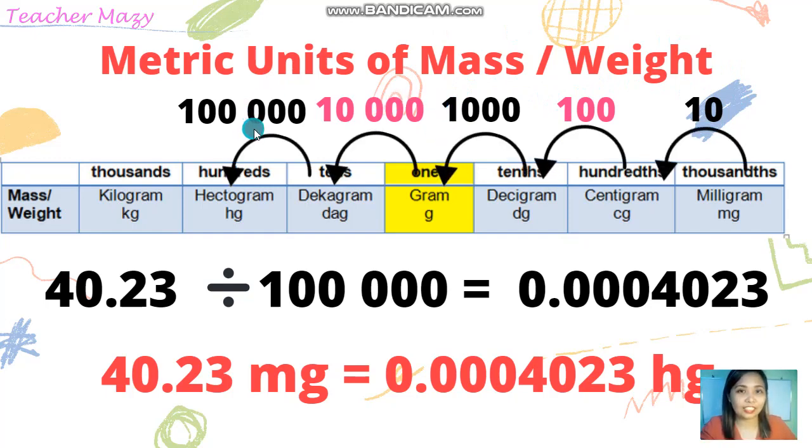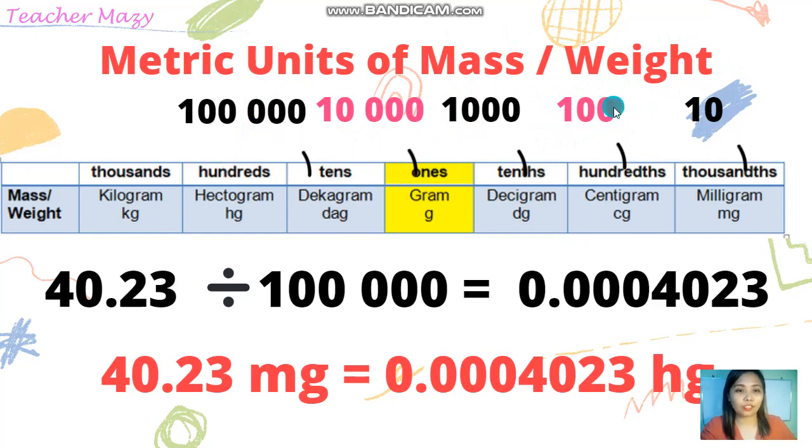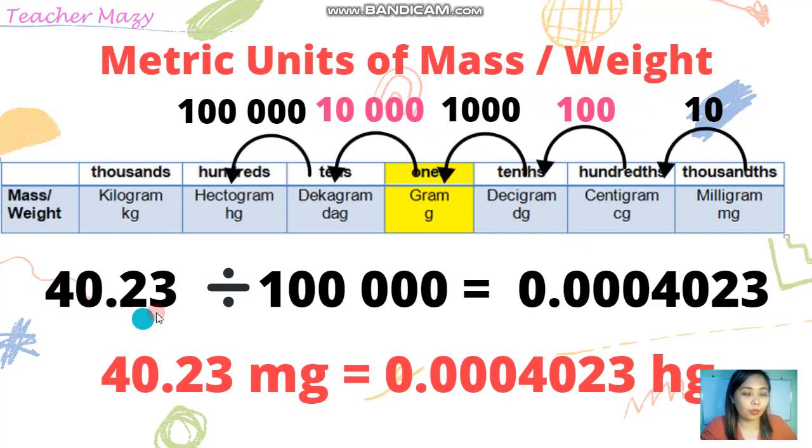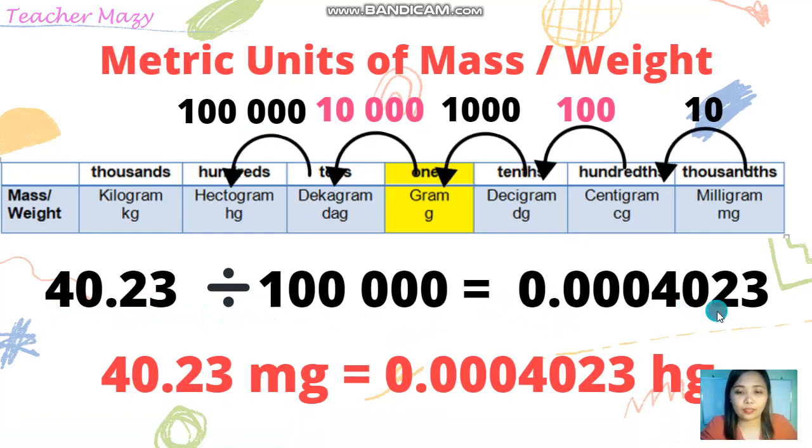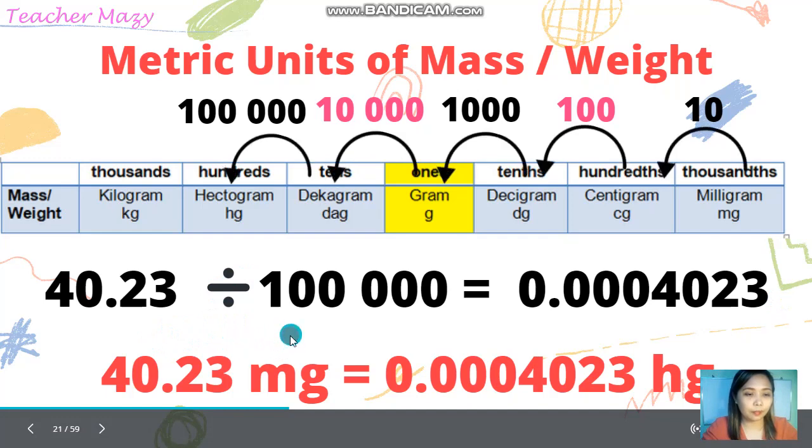So, nadadagdagan ng 0 sa dulo, bawat shift. 40.23 divided by 100,000. That is 4,023 ten-millionths.